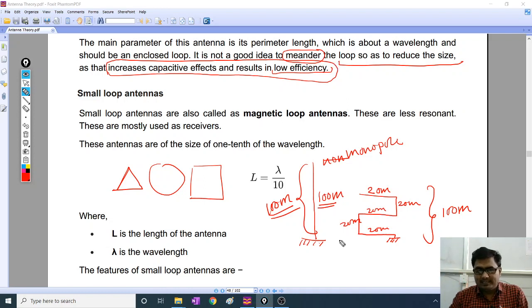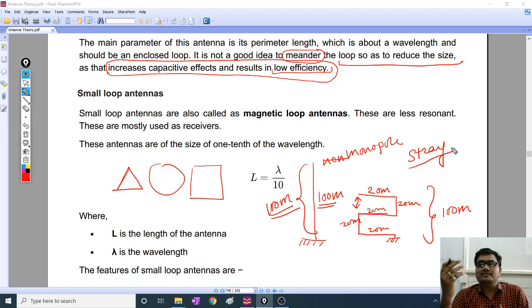For example, look at the same example that we have. This wire and this wire can form a stray capacitance. I'm talking about stray capacitance.